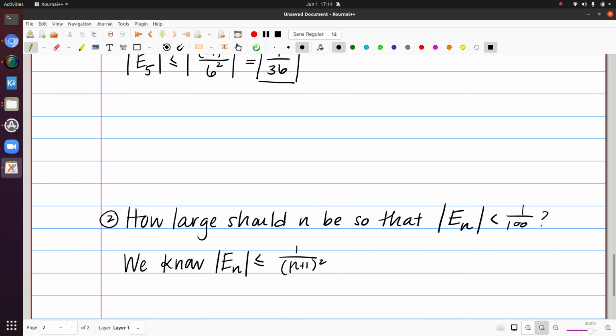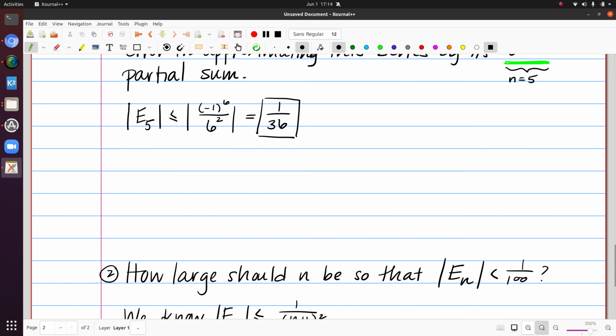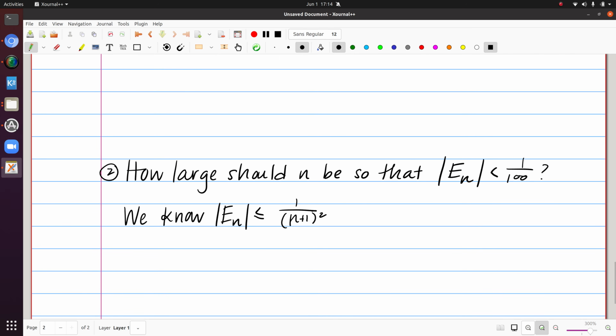Where did I get 1 over n plus 1 squared? Well, I took my absolute value of a sub k and I replaced k with n plus 1 because we're looking for that n plus first term. We need the absolute value of the error to be bounded above by 1 over 100.